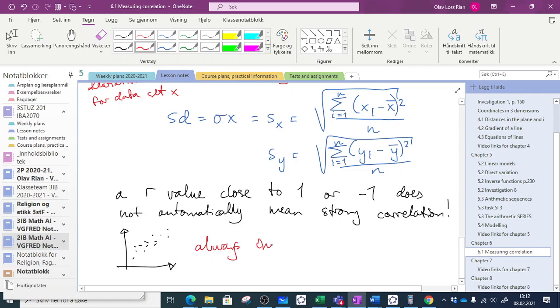So always investigate the scatter plot first. And this is very important. So do not calculate the R value unless there is a clear indication from the scatter plot that you do indeed have linear correlation.